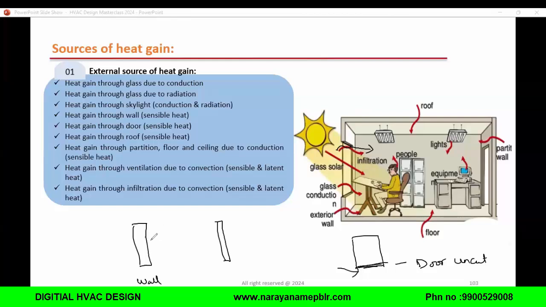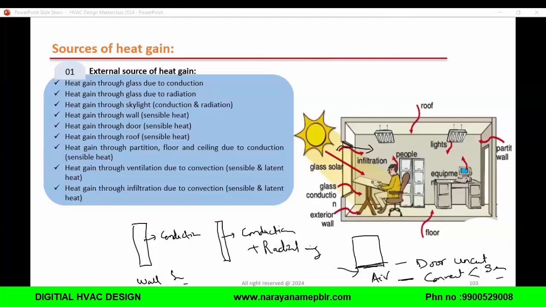So for wall, you have to go for conduction. For glass, conduction plus radiation. And for outside air, you have to go for convection. Convection means you will have both sensible and latent heat, because air contains moisture. So it will have sensible plus latent, whereas here you will have all sensible.